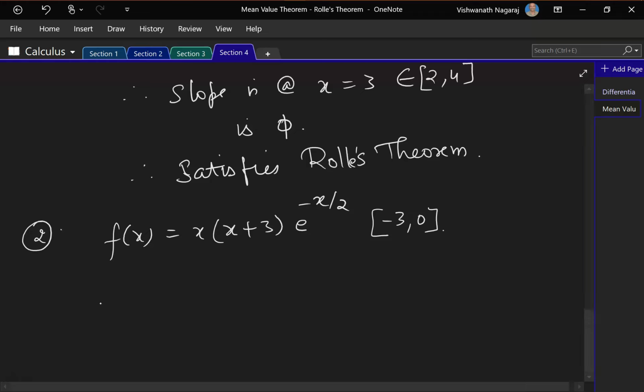Now let's look at this. So first thing we have to figure out is the first condition, that is whether it is continuous or not in the closed interval minus 3 comma 0. Now think of it like this: if you substitute x with minus 3, so minus minus plus, so plus 3 by 2 it becomes, right?